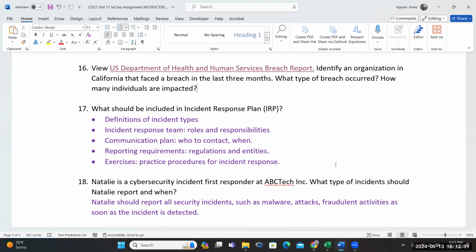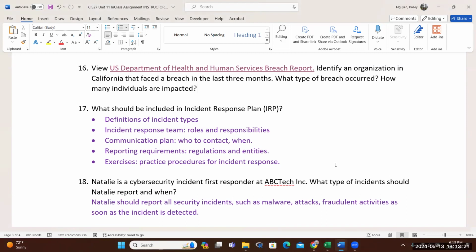You need to have a communication plan. How are you going to be able to contact one another in the case of an incident? Let's say that if there's ransomware and all your systems are locked or your network is down, how are you going to be able to communicate? So an alternative plan outside of just using smart devices, email. If your email system is down, how are you going to notify one another, right?